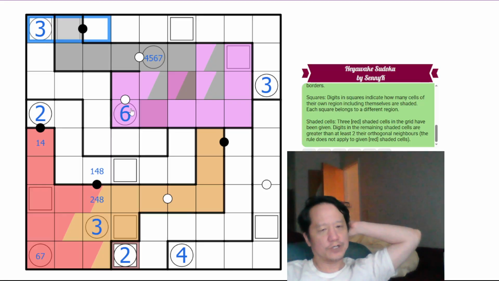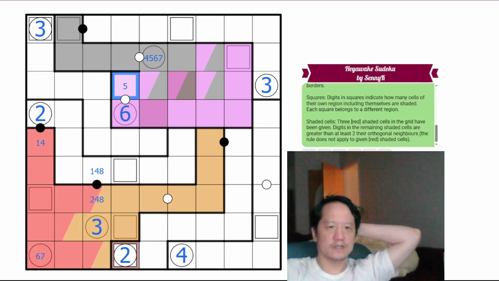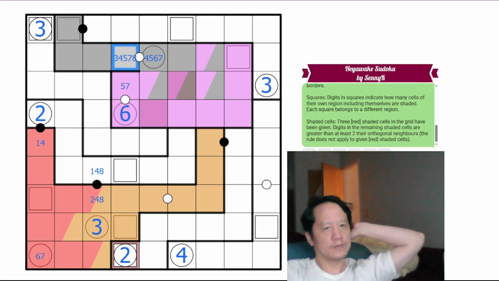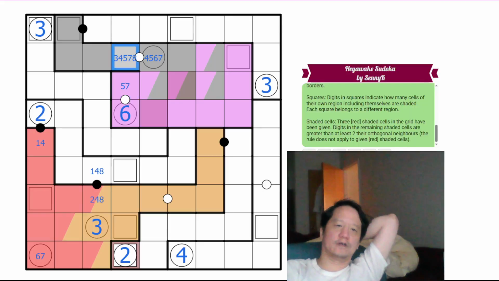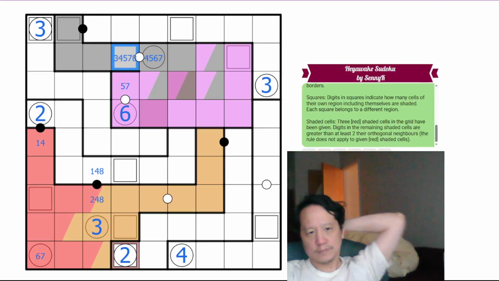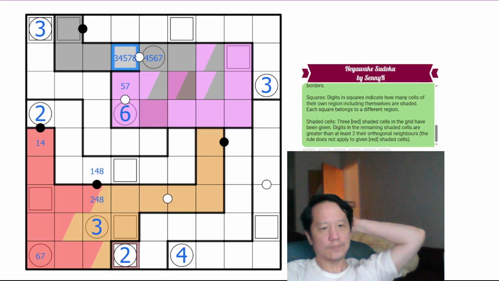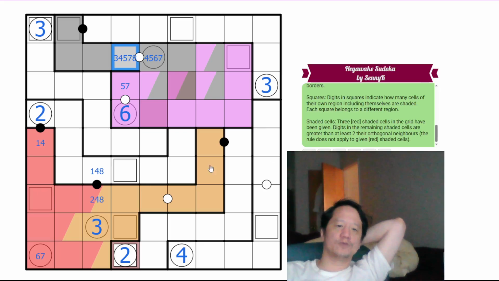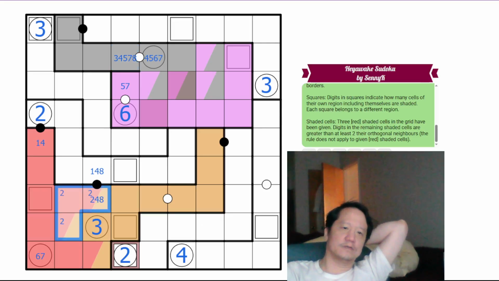We don't know which. This is consecutive. 6 is consecutive with 5 or 7. This is consecutive with 3 through 8. No 6 here, though. That seems fine. Red needs access to a 2, so red has to have a 2 in one of these 3 cells.